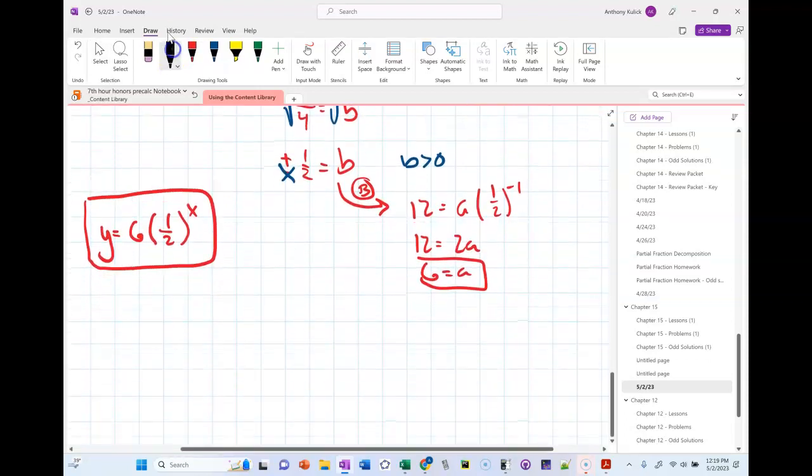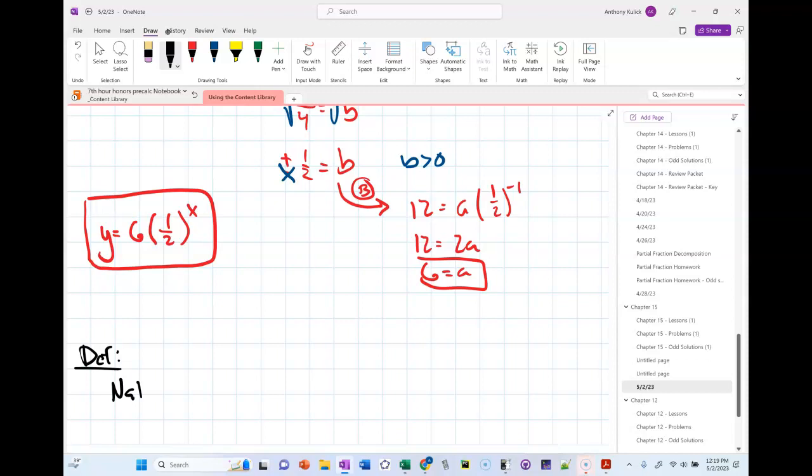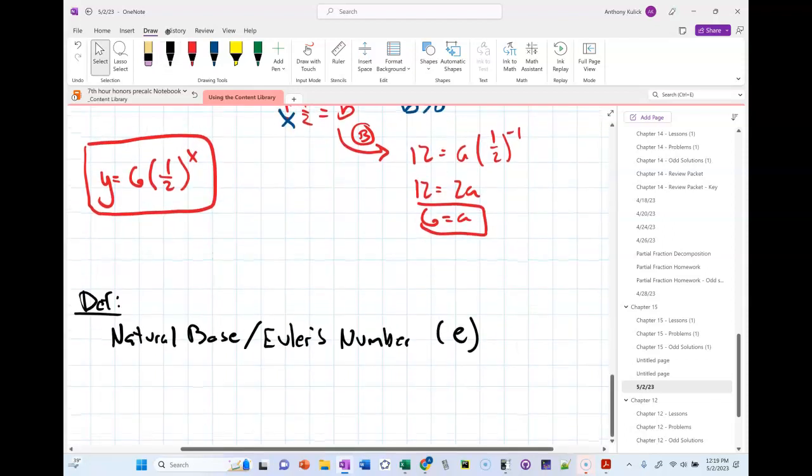Well, the canonical number that we use is the natural base, or something called Euler's number. Those two terms can be used interchangeably. And the symbol we abbreviate this number with is the letter e.